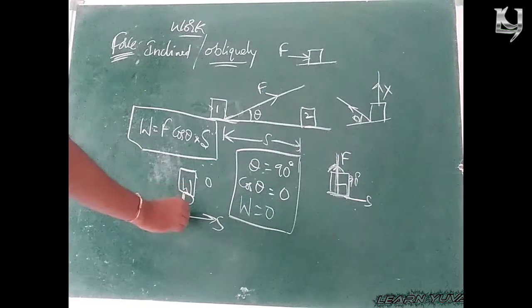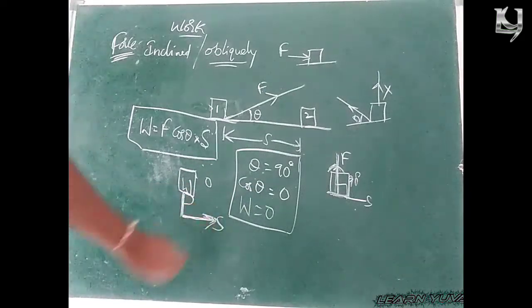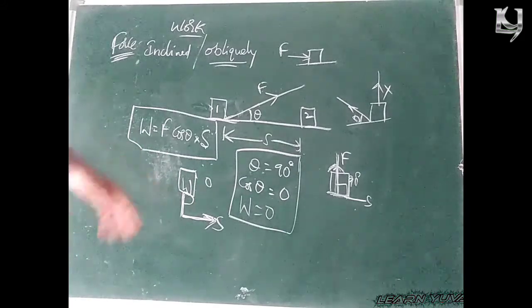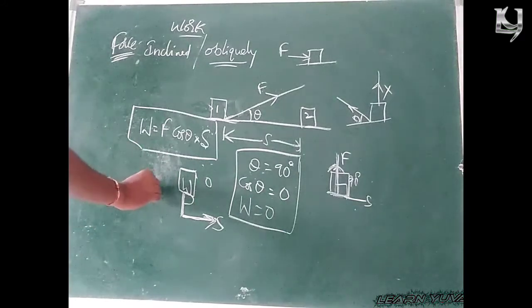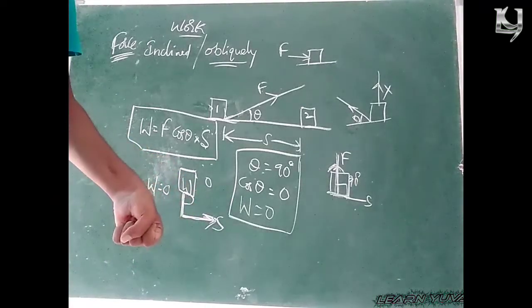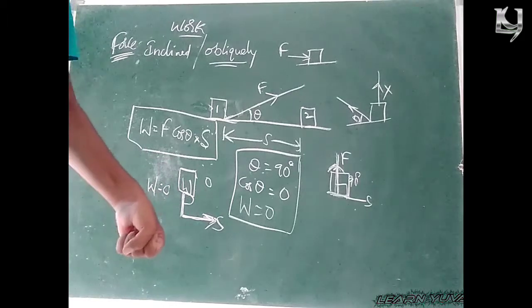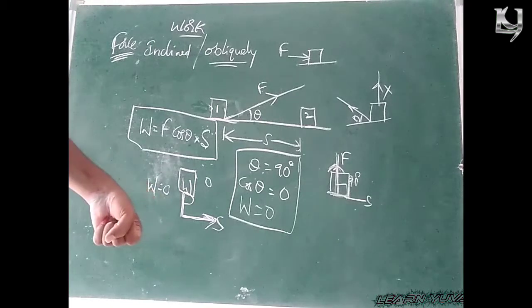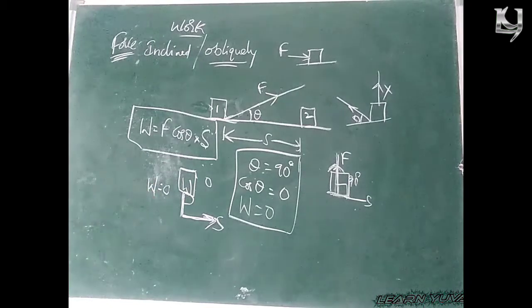So even though he is doing work physically, according to physics he is not doing any work, so the work done is 0. Suppose we are holding a suitcase in our hand and we are not moving that suitcase, just holding it. In that case also the work done is 0, due to this formula W is equal to F cos theta into S.